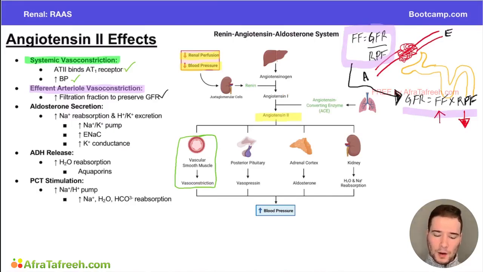If we take this efferent arteriole and make it more narrow, that is going to increase the pressure in the glomerulus because now there's less of an opportunity for fluid to escape. If we've constricted the vessel that allows the fluid to leave, it gets backed up and there's more pressure, and thus it's going to force more of that through the glomerulus. More of it is going to be filtered, and so that's how we increase our filtration fraction, by constricting our efferent arteriole.